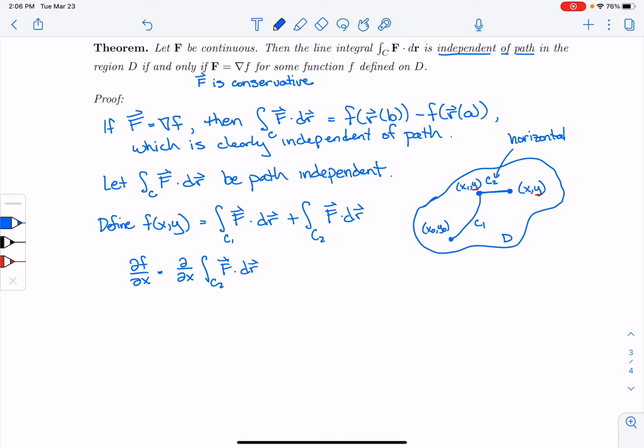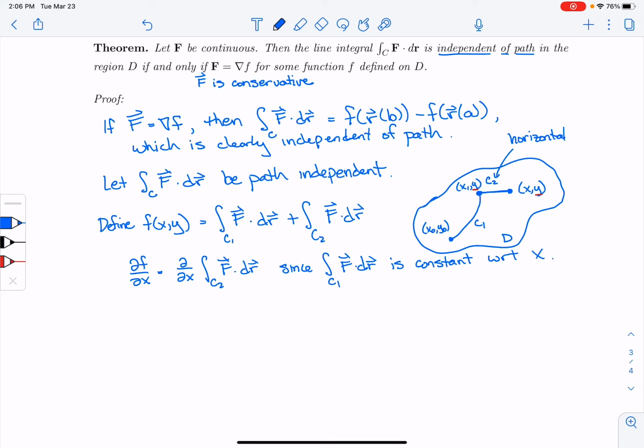That's because this first integral, the integral over C1 of F dot dr, is constant with respect to x.